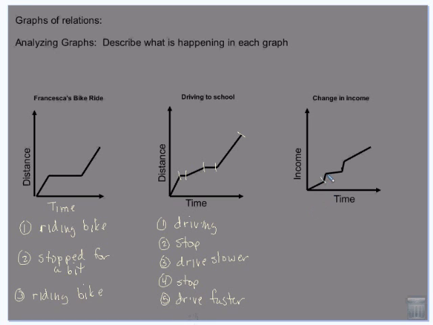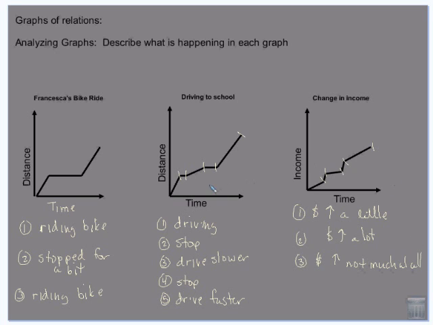Then here we have 1, 2, 3, 4, 5. Again, 5 sections that are happening. And over time, our income is increasing, so money is going up a little. And then we had a really sharp increase, so money went up a lot. And then this one's not quite flat, but it's really close, so money went up not much at all.